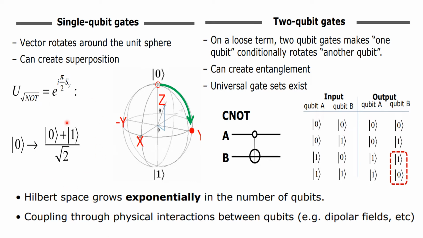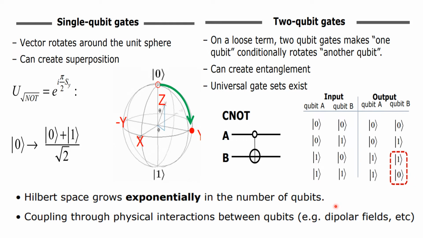Now we will take a look at two examples of quantum logic gates. On the left, we have an example of single qubit gates, and on the right, we have two qubit gates. On the left, we have a gate that is capable of turning a pure zero state into an equal superposition of 0 and 1 state. The CNOT quantum gate is capable of rotating another qubit on condition of the state of the first qubit.